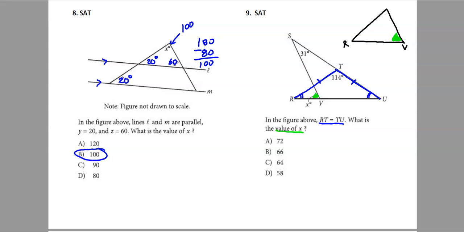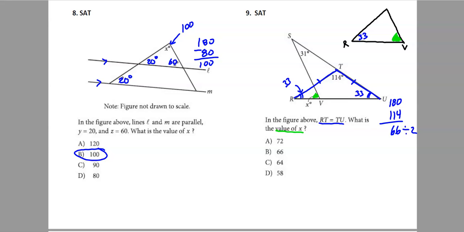All right? So that gives me another little piece of the puzzle. So 114, that's the vertex at the top. If I subtract from 180, that gives me 66. Split it up evenly, gives me a 33 and a 33 right down in there. It's kind of why I like to make it bigger.